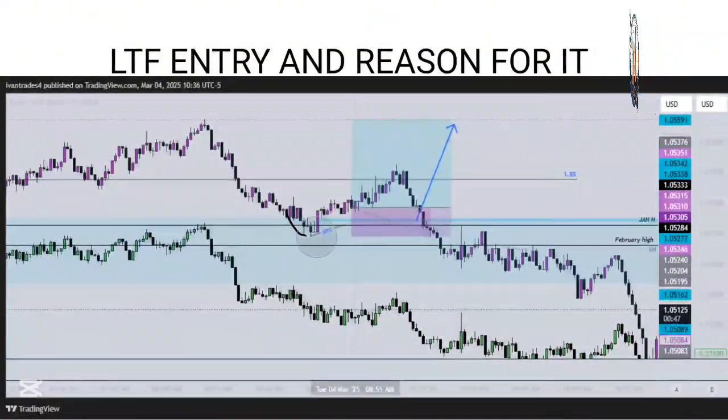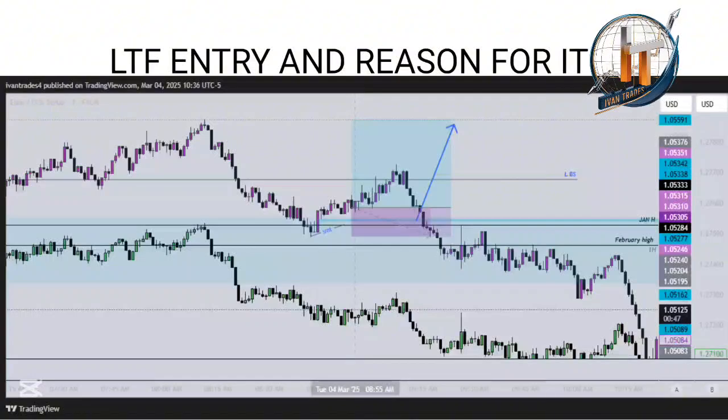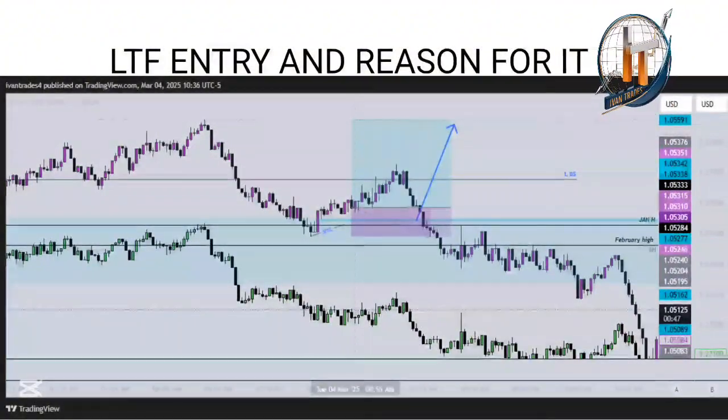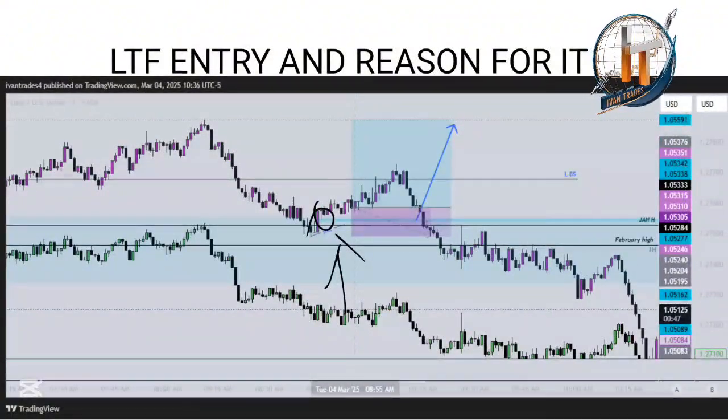I entered when I saw my entry model right here, as you can see. When I saw this SMT and this breakaway gap, I entered.